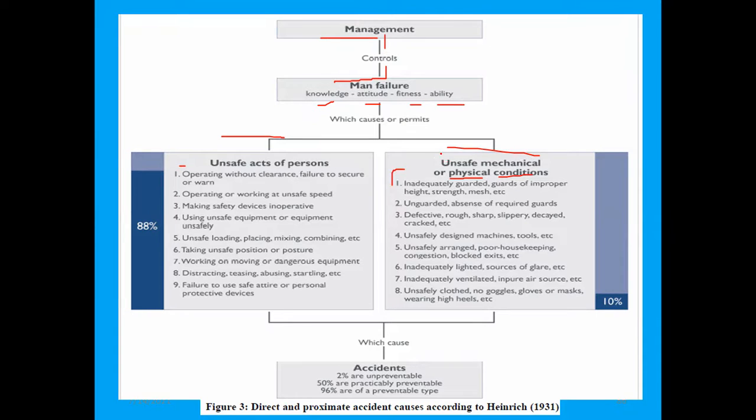In the external appearance, operating or working at unsafe speed is an act of a person. Unguarded, absence of required guards, physical things. Making safety devices inoperative, meaning making well-working safety devices non-functional. Here, defective, rough, sharp, slippery, decayed, cracked, etc.